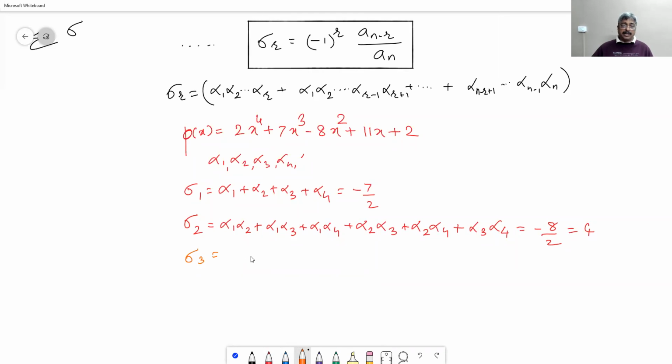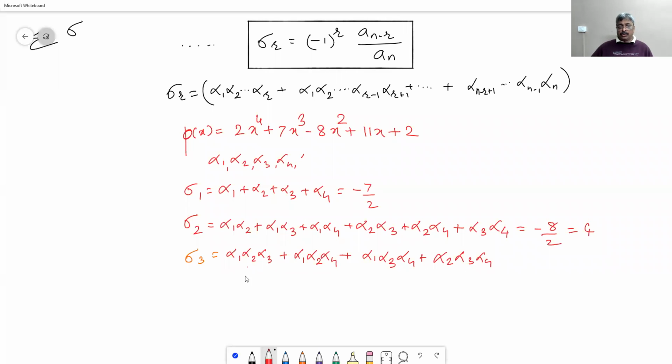Sigma 3 will be, take 3 at a time. Alpha 1, alpha 2, alpha 3 plus alpha 1, alpha 2, alpha 4 plus alpha 1, alpha 3, alpha 4 plus alpha 2, alpha 3, alpha 4. Now you have studied combinatorics, therefore you will be able to find out how many terms there will be.